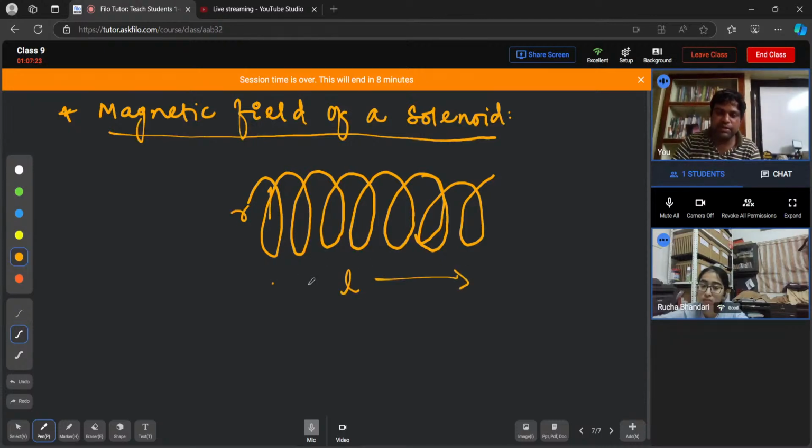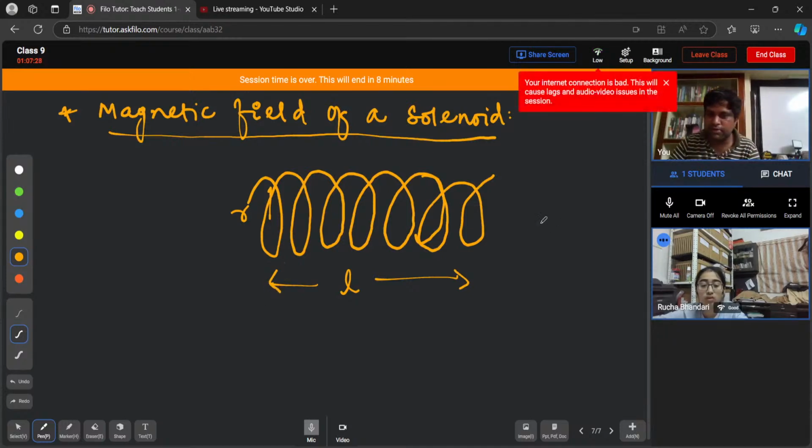Then we'll keep it in the category of the solenoid. R must be less than L, then we'll call it a solenoid. Else we'll call it a loop.